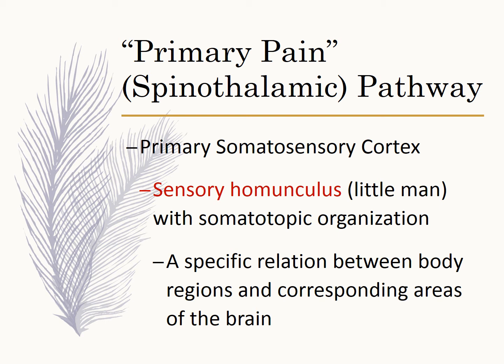Somatotopic organization means that information from one area of the body is always going to go to one particular area, and so the whole organization of the cortex here is based upon this body representation. So we have a specific relation between body regions and corresponding areas of the brain.